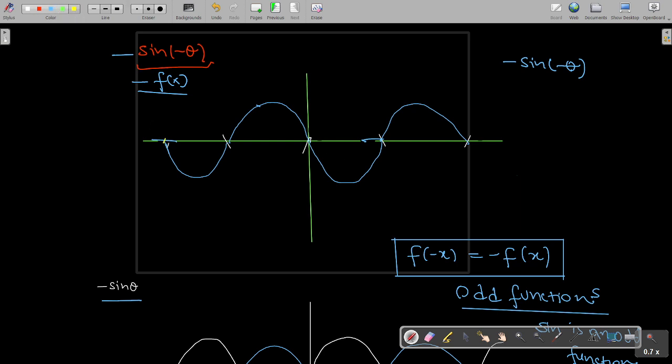Don't forget like this. So it becomes sine theta again.